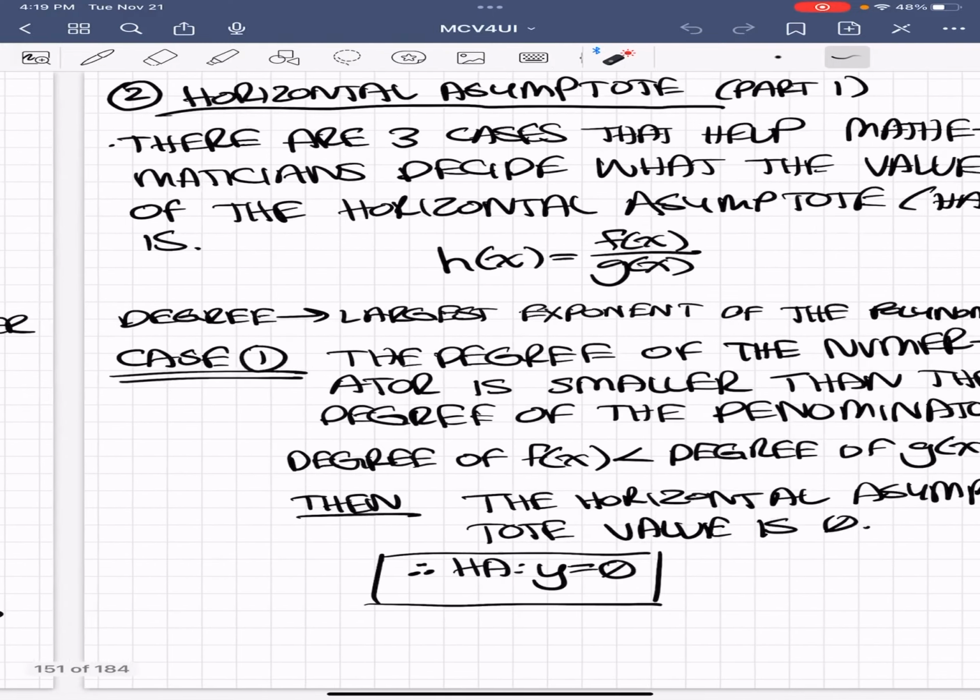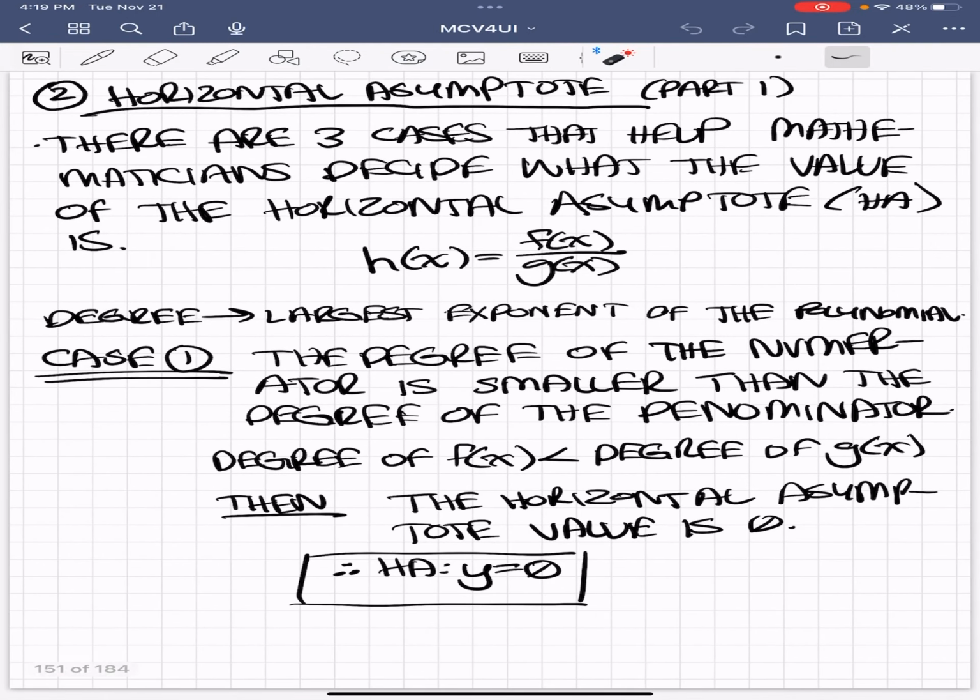Moving on. There are 3 cases that help mathematicians decide what the value of the horizontal asymptote is. So the degree is the largest exponent of the polynomial. Case number 1. The degree of the numerator is smaller than the degree of the denominator. The degree of f of x is less than the degree of g of x.